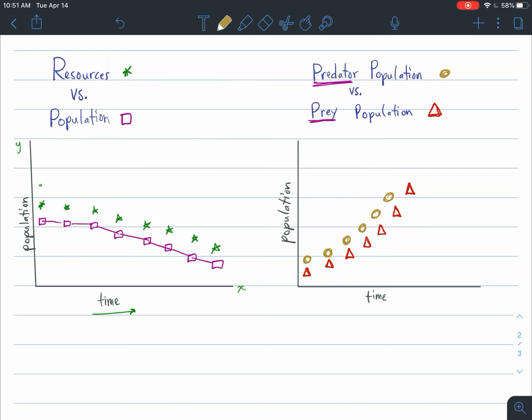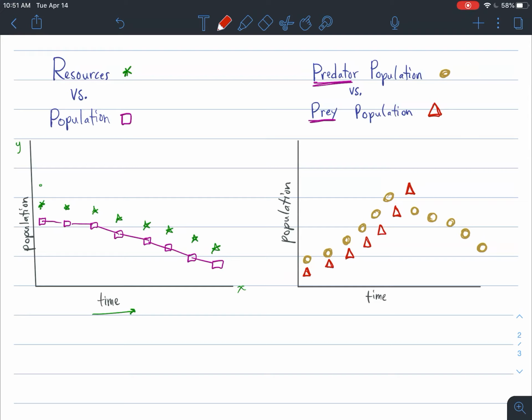Another thing that could happen is maybe the food runs out for the bunnies and more houses come in, so there's less population for the bunnies. And so the bunny population starts going down. So either the resources decline or the predator might eat too many of them, and so therefore the population of the bunnies goes down. How that affects the predator is that the predator's population can't keep going up. Not gonna happen because there's not enough resources available.